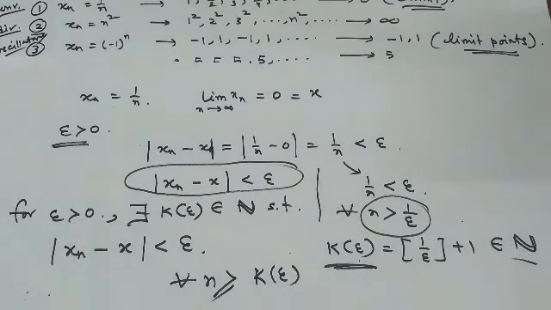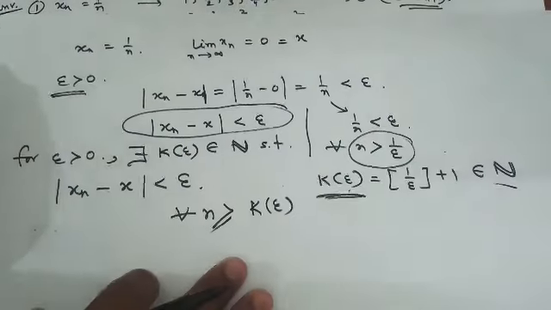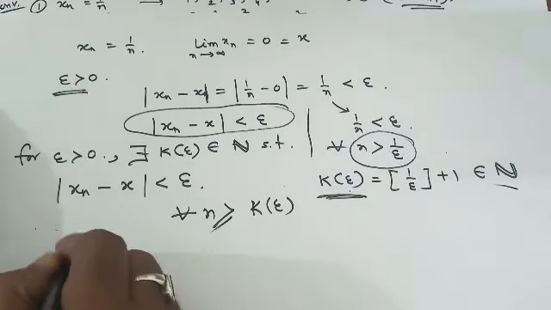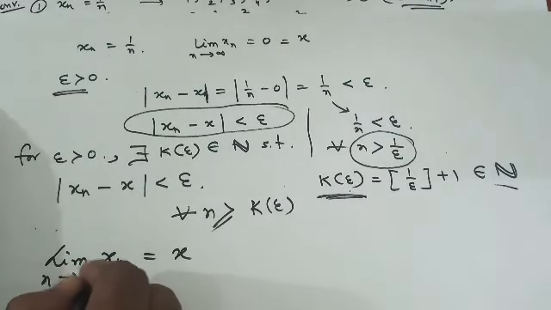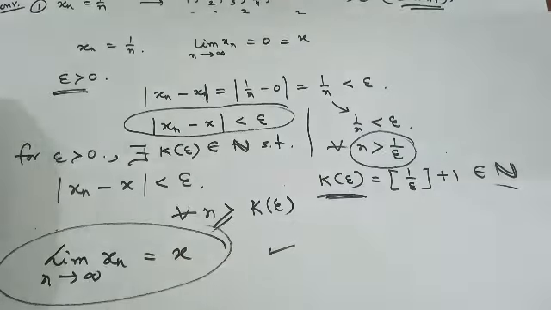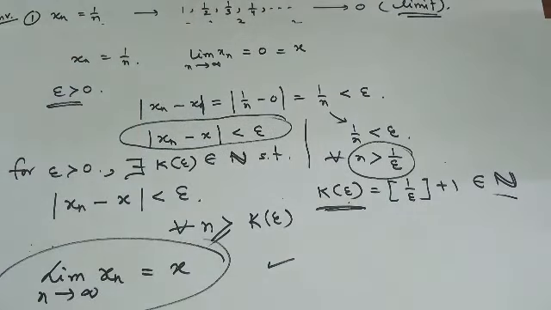So this you can say is the formation of the limit of a sequence, and we say that the limit of that particular sequence is x, and in this example that limit is going to be 0.